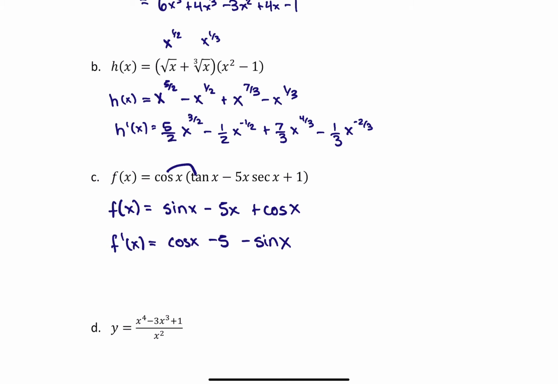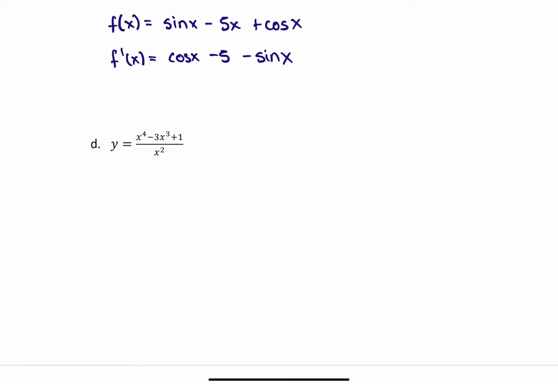That's it. And for part D, anytime you have a sum or difference in a numerator and then you have a single term in your denominator, you can rewrite the function so that every term is divided by the denominator.